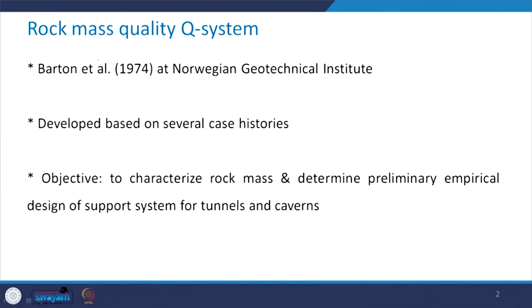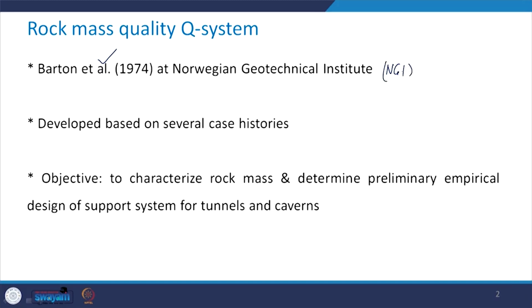We have this rock mass quality Q system which was given by Barton et al. in 1974 at the Norwegian Geotechnical Institute, that is a very famous institute, NGI.